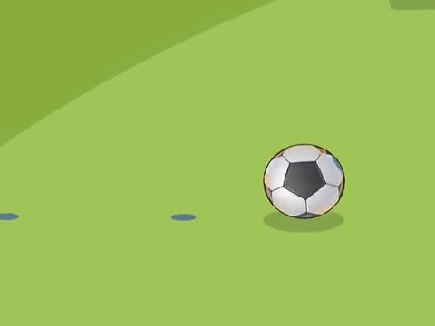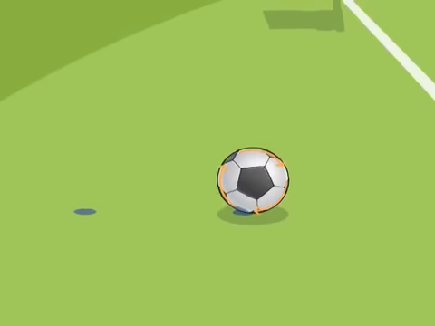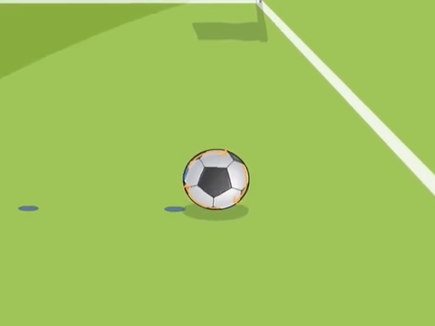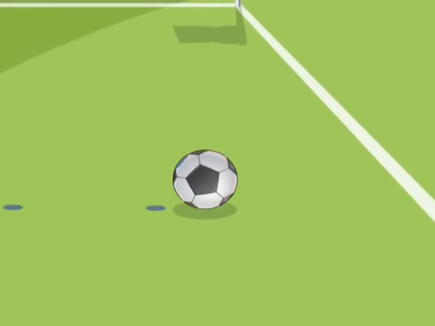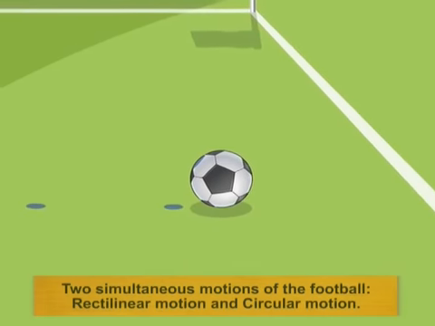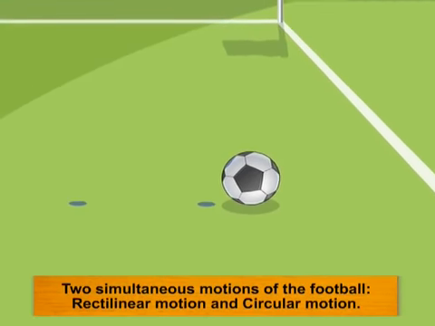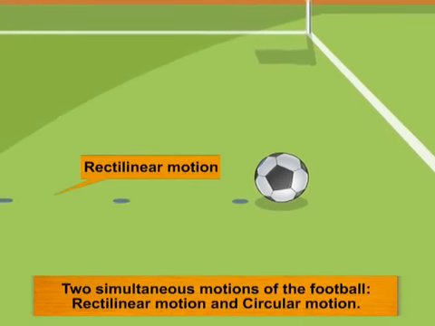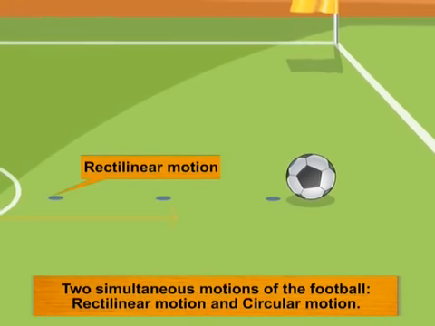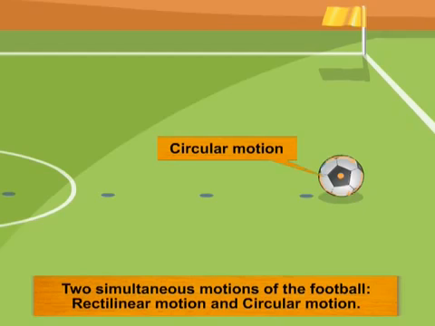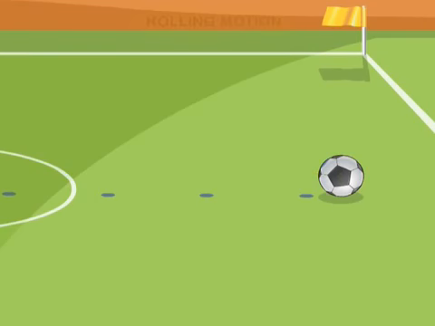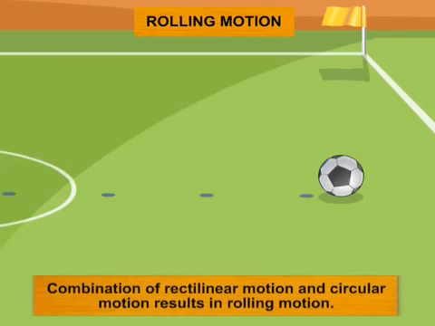Also, we see that while the football rolls on the surface, the point moves along the circular motion. The football moves ahead with two motions happening simultaneously: rectilinear or straight line motion plus the circular motion about the center of the football. Such a motion is called the rolling motion. So, a rolling motion is a combination of straight line motion and circular motion.